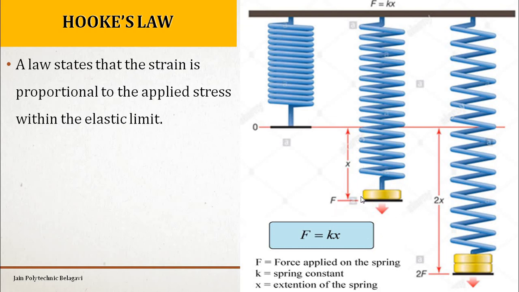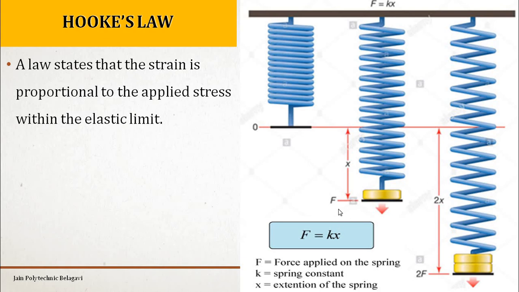So you may find out again, if the stress is increased twice, if stress is doubled, the strain is also doubled. Okay, so what is happening: if stress is 2, then strain is also 2, right? This happens only in the elastic limit.